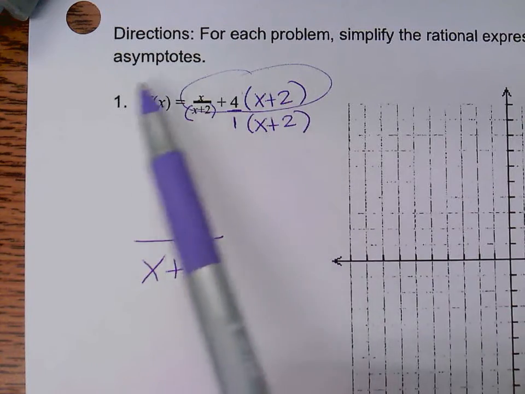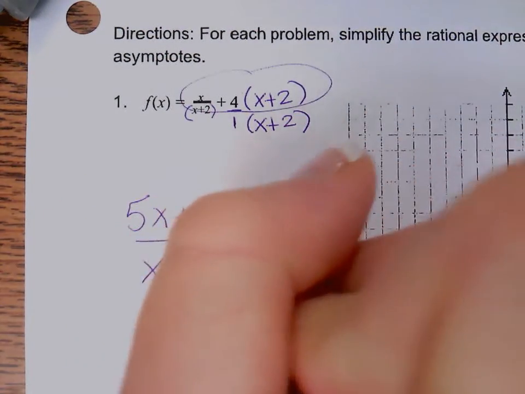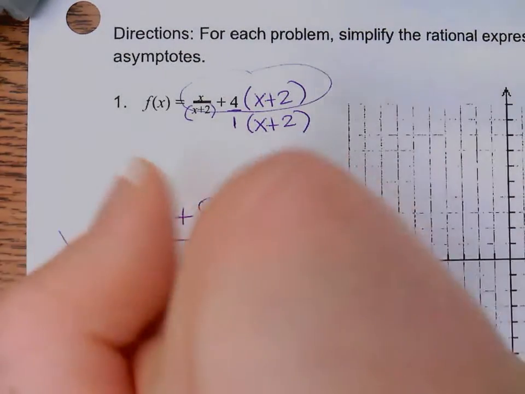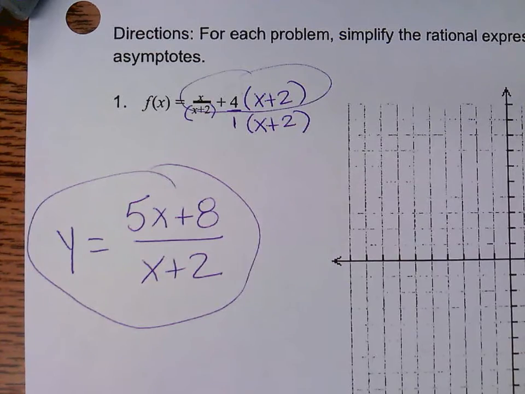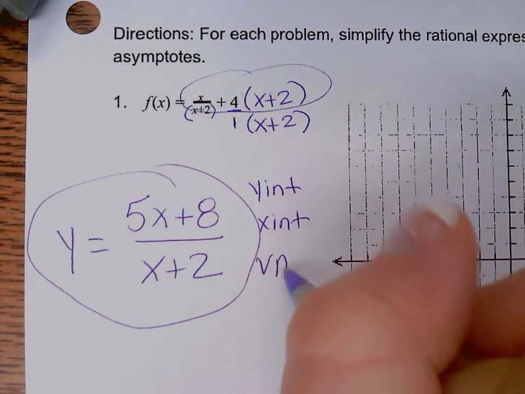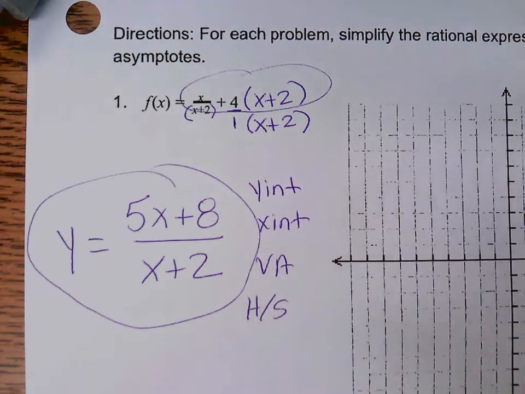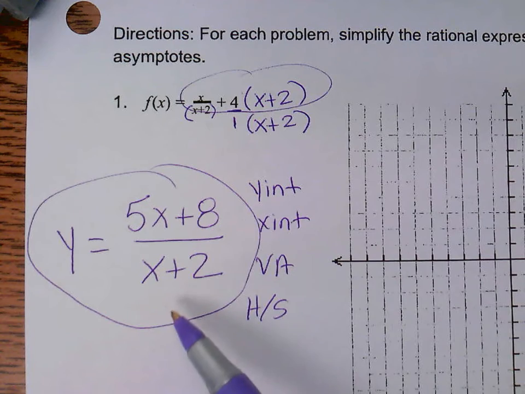So altogether in the numerator, I have 5x plus 8. So that is actually the function that you want to answer all those questions about, right? The y-intercept, x-intercept, vertical asymptote, and horizontal or slant asymptote. There's no hole because there's no common factors that we're going to cancel.